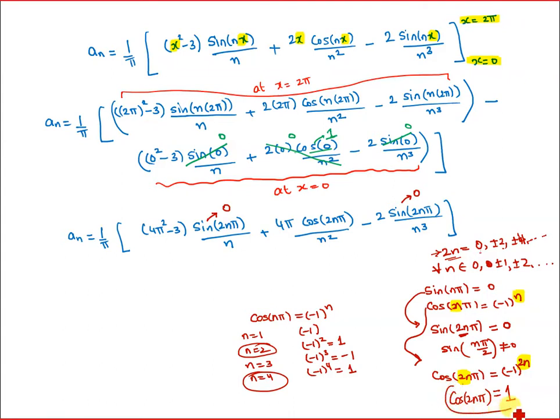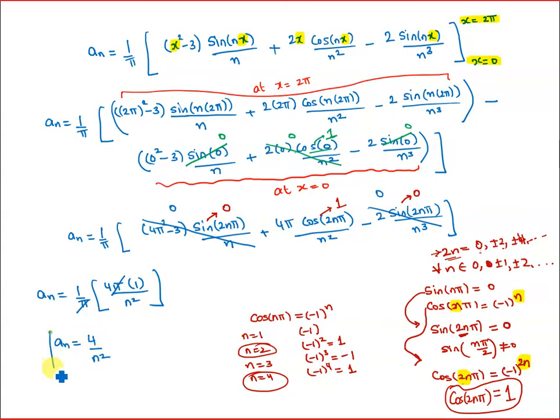So as this term becomes 0, this total term becomes 0, and this last term also becomes 0. We get only this non-zero term. So an is equal to 1 over pi times 4 pi times 1 over n squared. Now again we can cancel pi with pi. So this gives us the value of an as 4 over n squared.